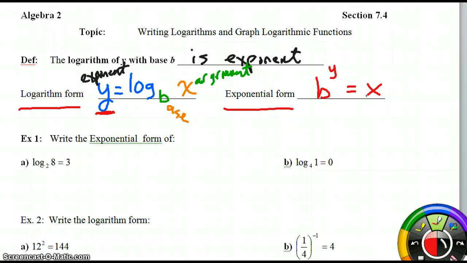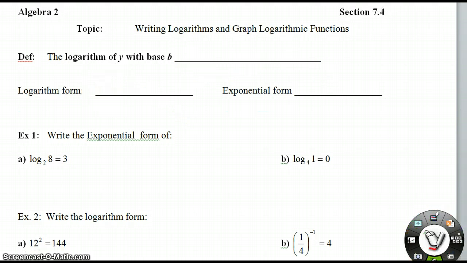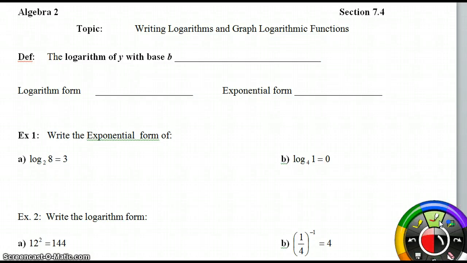Okay, so make sure that you put your x and y and b all in the right spot. The only one that really probably makes some sense is this b. And then the way I try to keep it in mind is that the thing on the other side of the equal sign is my exponent. So watch when I translate 1a. Looking at this, this is log base 2 of 8 equals 3. That means 2 is my base, 3 is my exponent, and this equals 8.